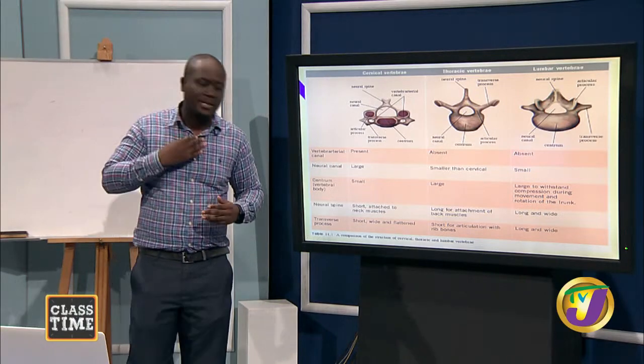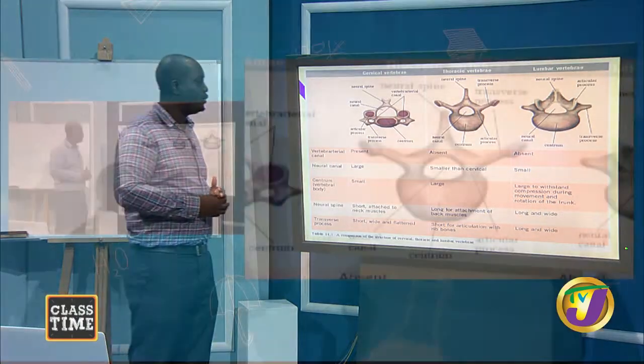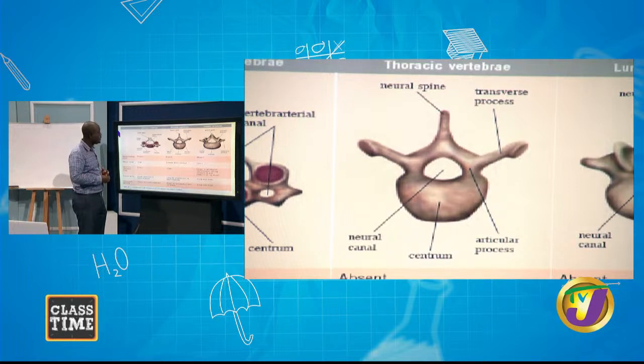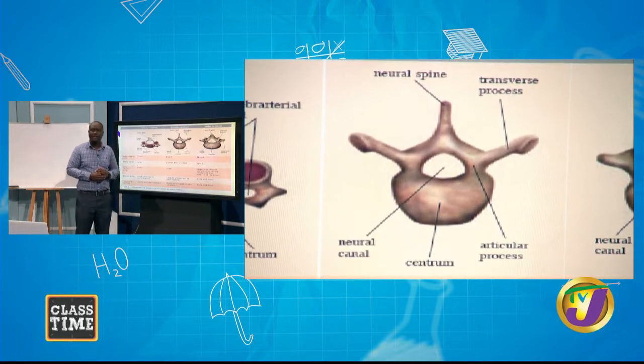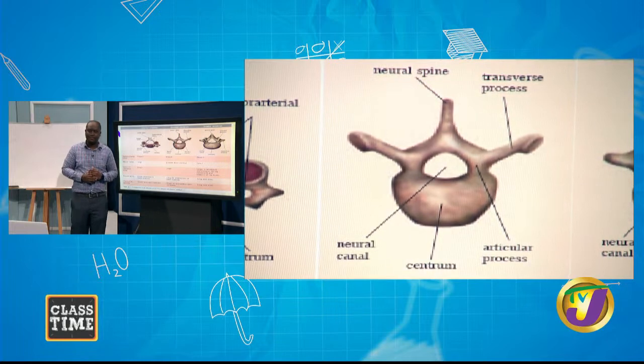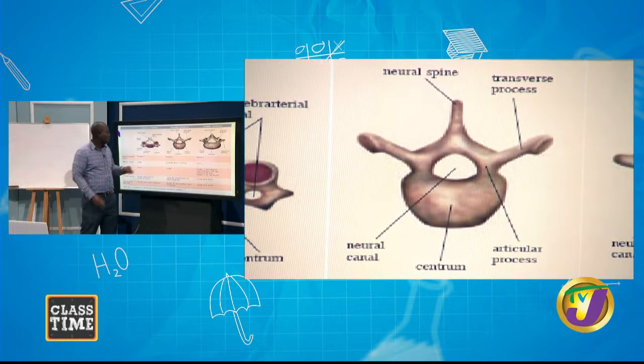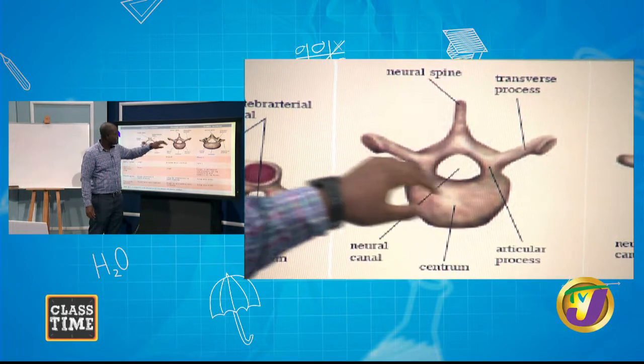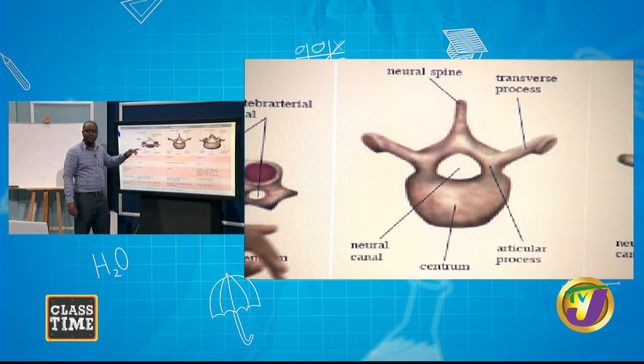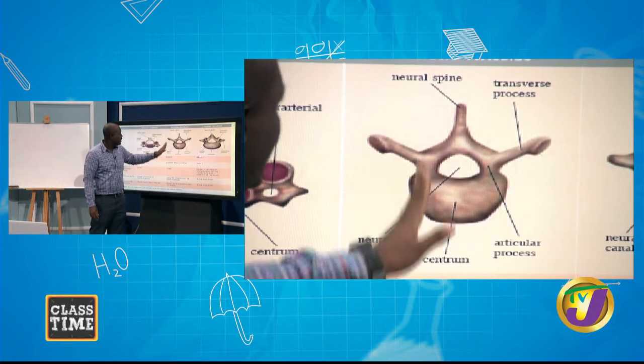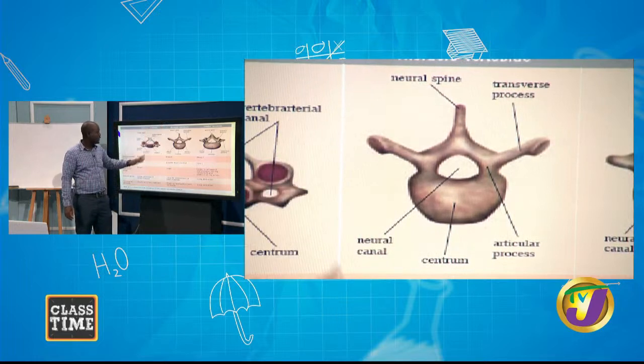Now the next one is the thoracic vertebrae. And that is found in the thoracic region. Now the thoracic vertebrae, the distinguishing feature is that it has a very long neural spine. It has short transverse processes. I know the diagram doesn't give it justice, but it has a very long neural spine compared to the rest.